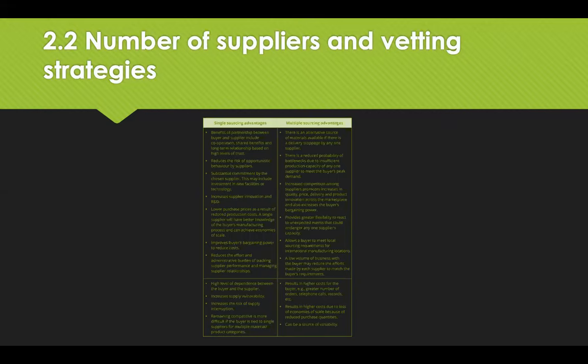Now, the number of suppliers will depend on whether the supply chain is tiered and whether there is single or multi-sourcing used. Supply chain tiering can be widely adopted across the automotive industry. And if a supplier's chain is tiered, the OEM, which is the original equipment manufacturer, will have only a few direct suppliers to manage.